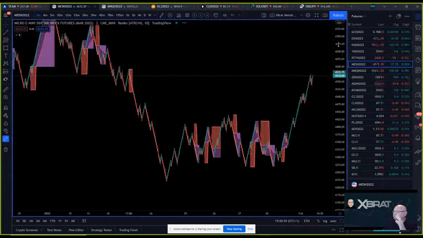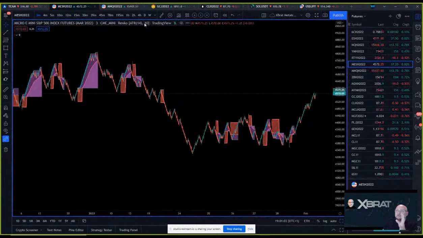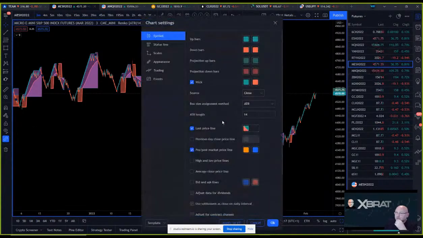So you just need to come out a little bit here. So the thing with Renko on TradingView is that it's different. It's better than what you can get on any other platform because it's like a time-based thing as well. You can get the box size assignment method.